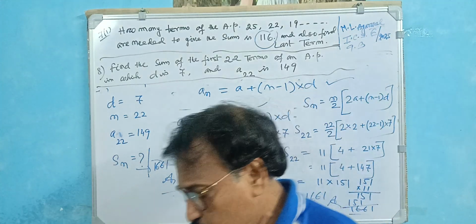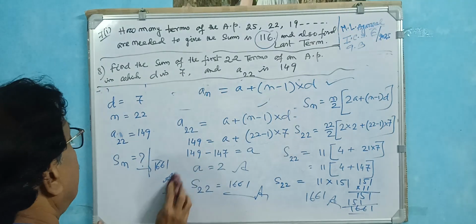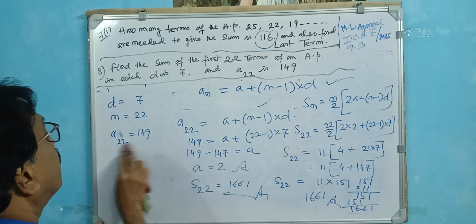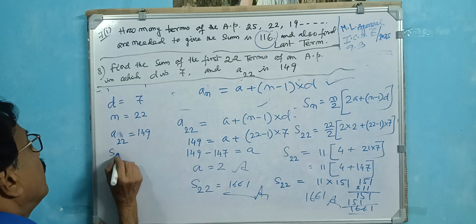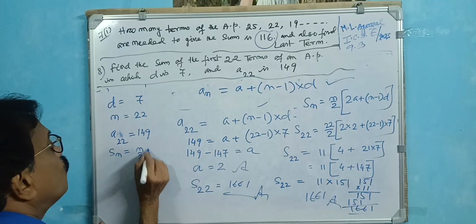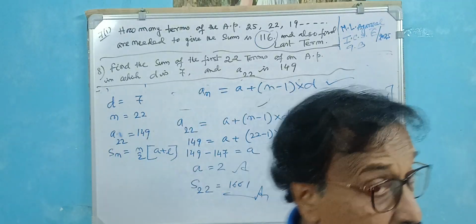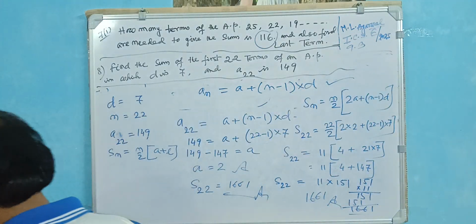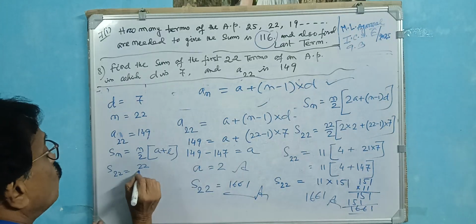There is one other way you can solve the sum with this formula. S_n is equal to n by 2 bracket (a + l). That is S22, so 22 by 2.